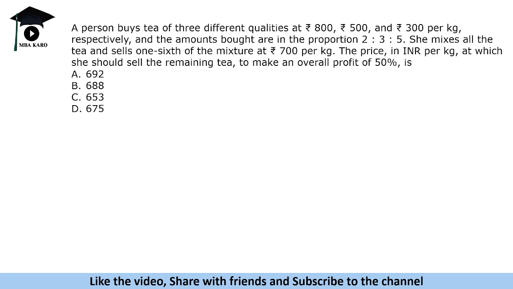So first thing we need to find out is the price of the mixture. Okay. So 8, 5 and 3, removing the hundreds. So they are mixed in proportion of 2, 3 and 5. Okay. So total will be 16 plus 15 plus 15, that is 46. And we have 10 kgs, right? 2, 3, 5.